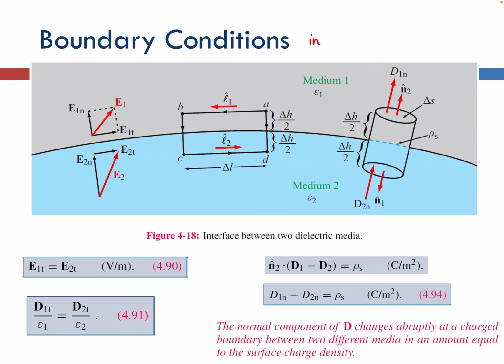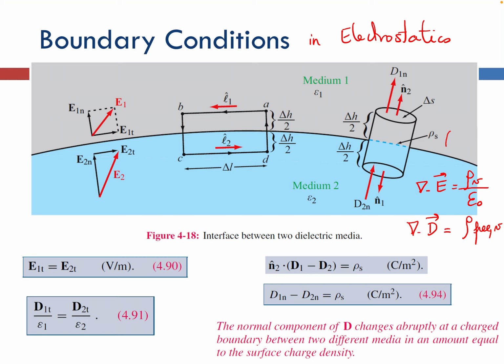Now we look at the boundary conditions in electrostatics, that are derived from Maxwell's equations for electrostatics. The divergence of the electric field is the volume total charge density divided by epsilon naught, and this can also be written as the divergence of the displacement field D is equal to the volume free charge density in the region.